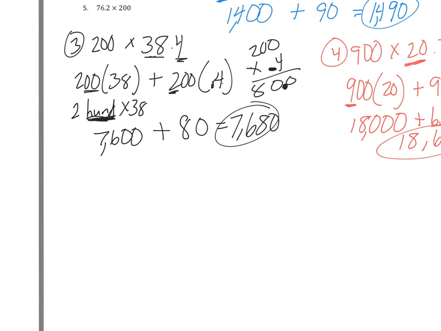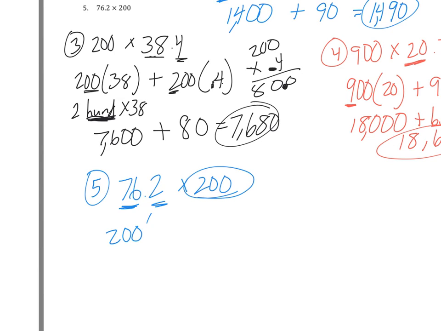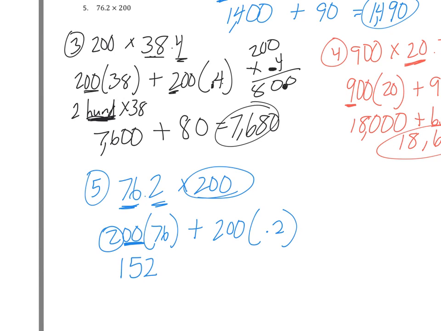And then my last one for 5. Might as well do them all. 76 and 2/10 times 200s, or 200. Again, whole number, decimal. So it's going to be 200, the whole number, times 76, plus 200 times 2/10. So again, 200s. So I'm just going to use the 2 here. 2 times 76 is 152.